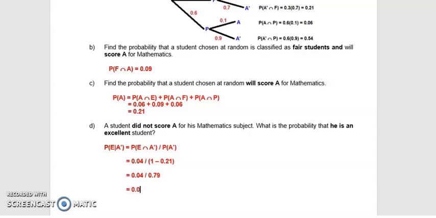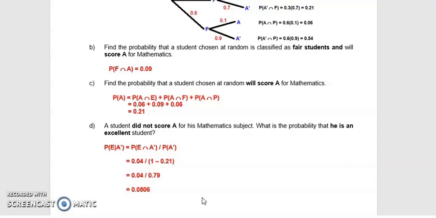So the answer here will be 0.0506. If you look at here, the probability is very low for an excellent student not to score A. Normally we will say that for an excellent student, the chance for him or her to score A is high.